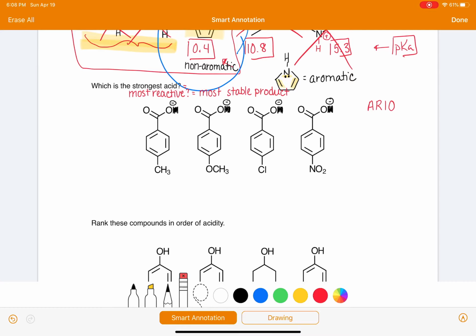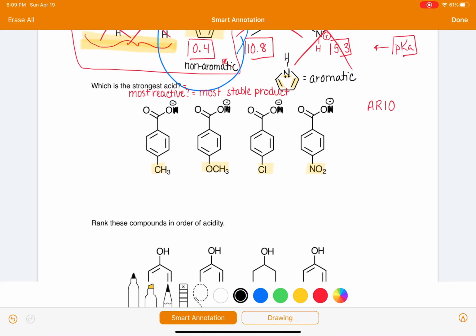And so when you see these, hopefully that portion of your brain is getting triggered, like, I remember learning about these different substituents. Even though we're not talking about aromatic reactions right now, your understanding of aromatic reactions is going to help you answer this question. The difference in all four of these molecules lies down here at the substituent that is attached to the ring. That's the only way these molecules are different from each other.